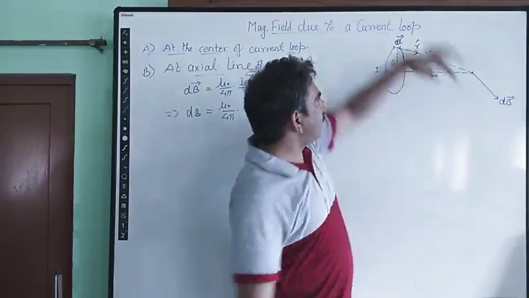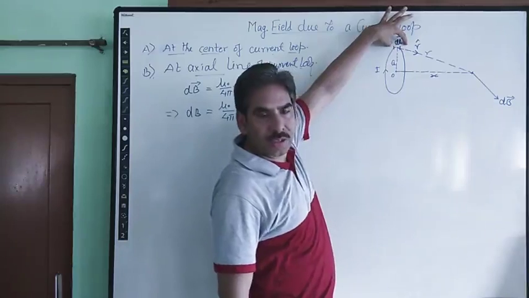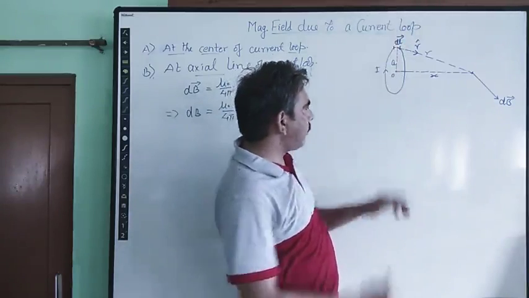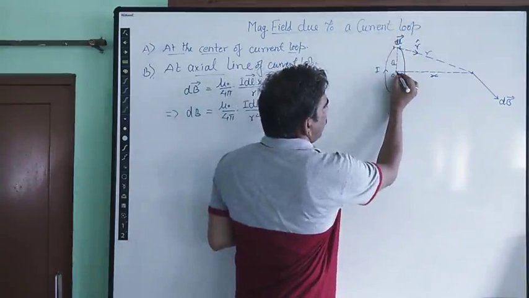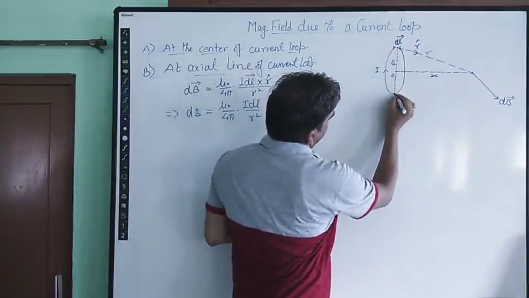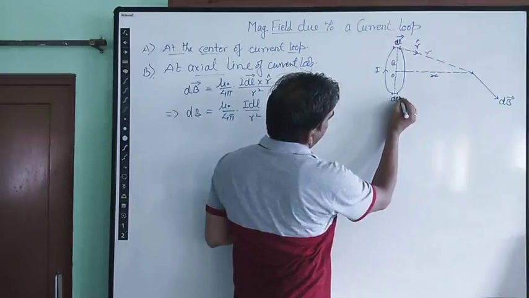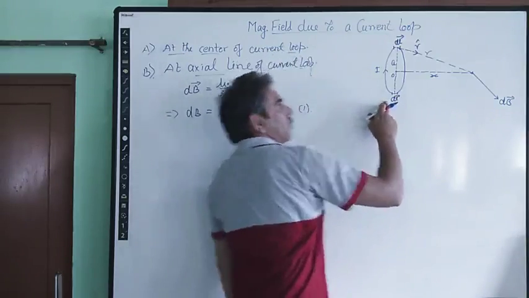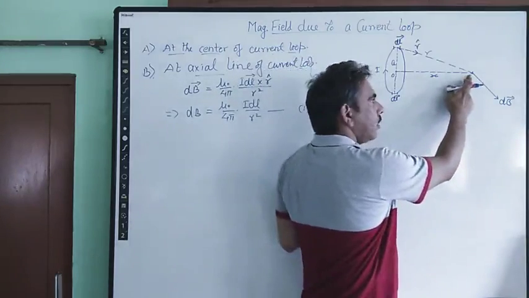Now for every such element, there will be an identical element diametrically opposite. If this is the element on one side, then there will be another element diametrically opposite, of the same length, which will produce the same magnetic field at this point.